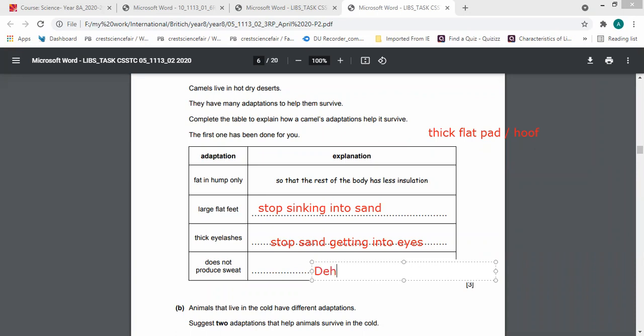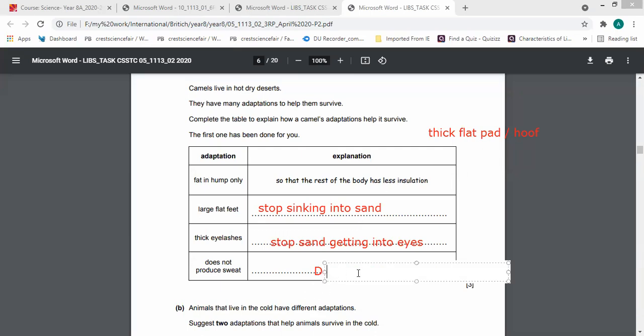Dehydration. Clear? Yes. Any point in this question? Mister, can we say to prevent dehydration or to stop dehydration?